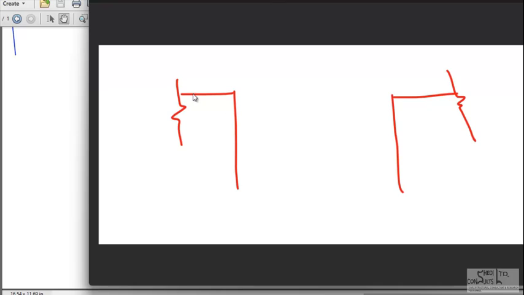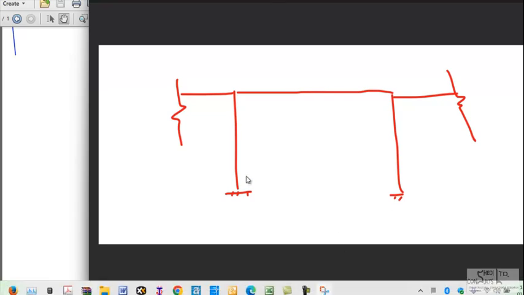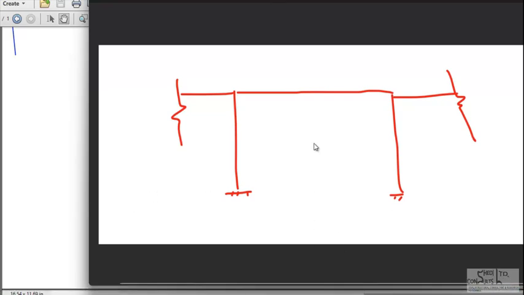You have another bay there. So this is your bay, right? And now you have the total wind pressure. So the total wind pressure times the windage area will give the total wind force. That total wind force will be acting at the centroid of the windage area. Okay? It will act at the centroid of the windage area. So this is the center of the windage area.